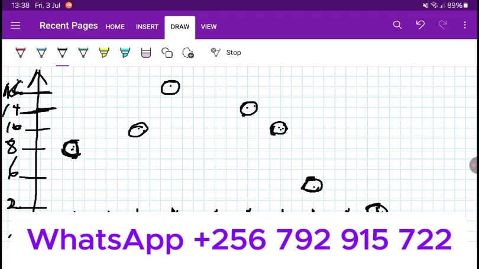So we connect these values using a ruler so that we can have straight lines. These are just lines, they are not curves. Then you connect, we said you connect from where it came from. You connect to the horizontal axis.